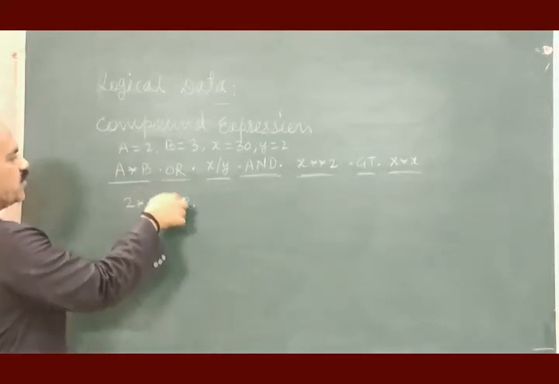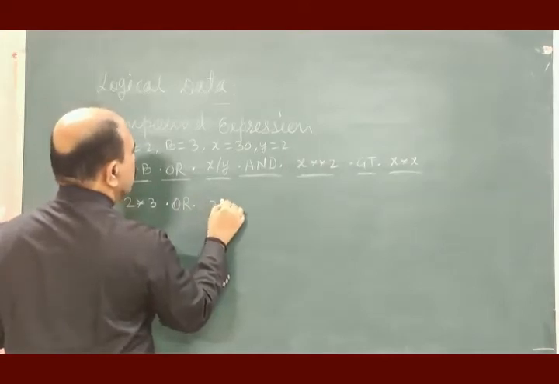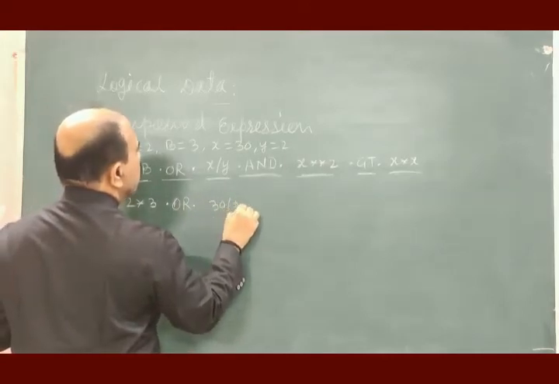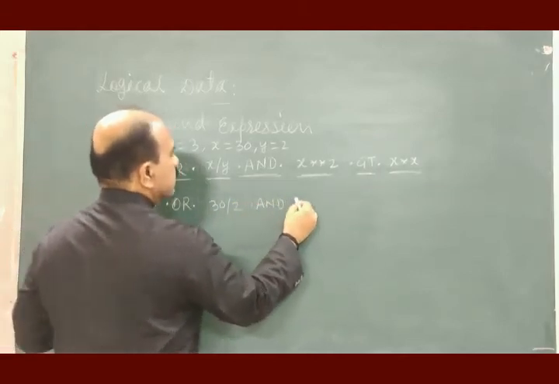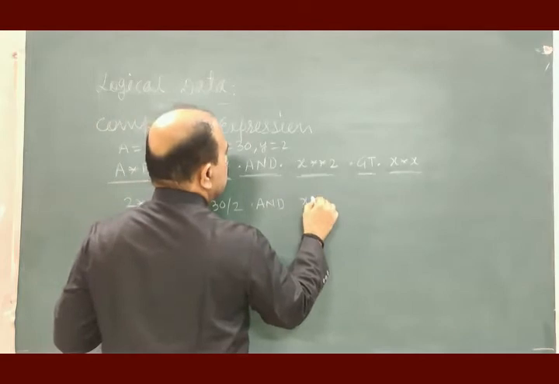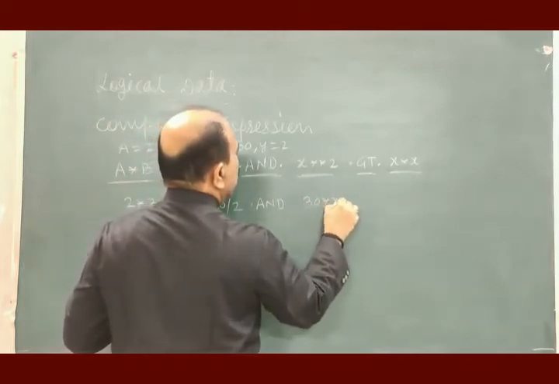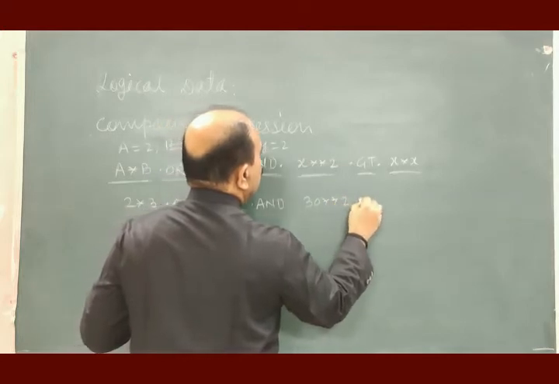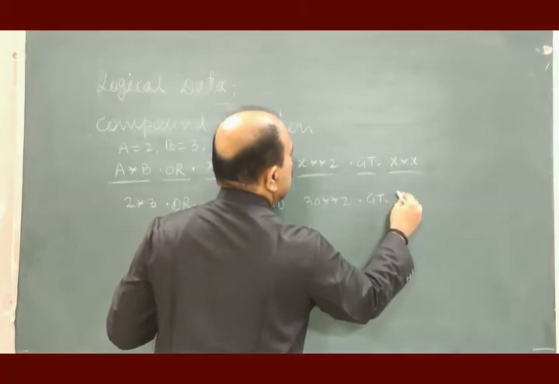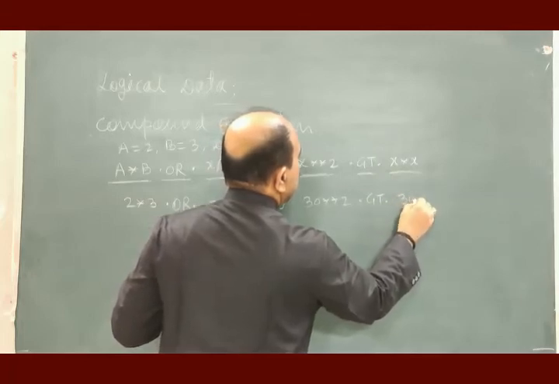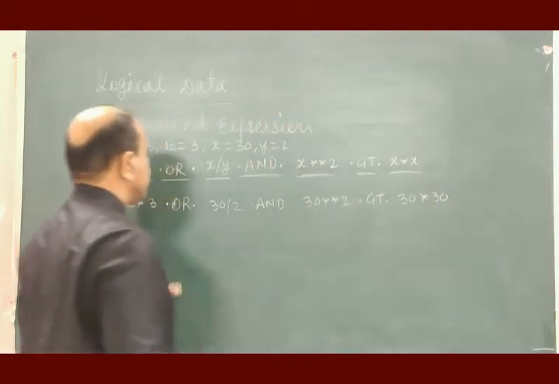Here we are having 2, so let me use or here. 30 divided by 2 and 30 to the power 2 greater than 30 into 30.